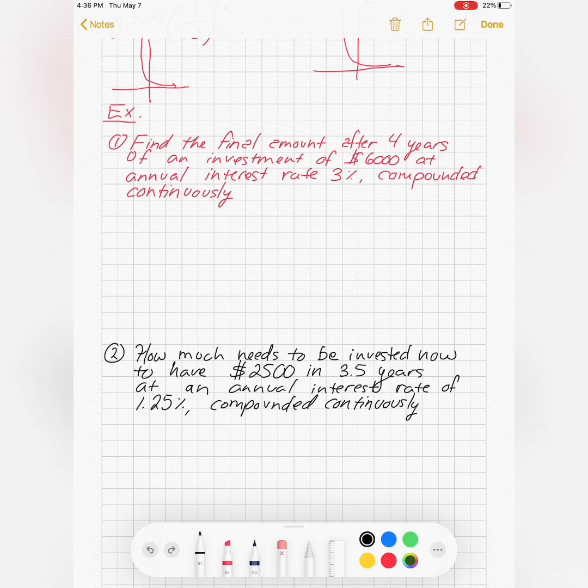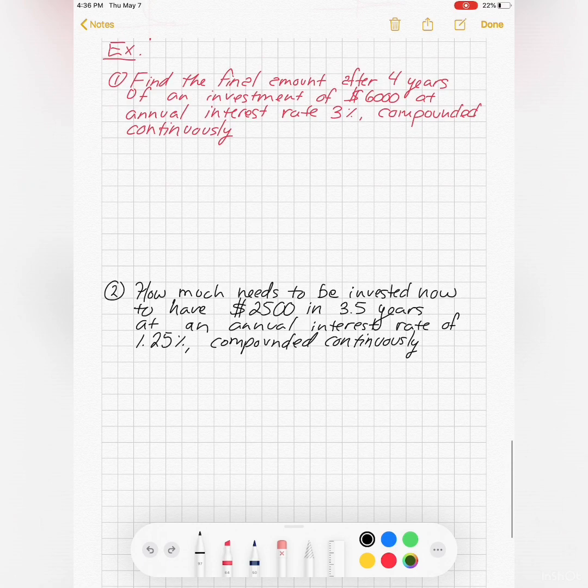So the formula for an investment compounded continuously, we call this one the PERT formula. Compounding the interest continuously is the best way of all, because if you had an investment where interest was compounded monthly, that means you'd have to wait a month before your interest was added on and you'd start earning interest on the new larger amount.